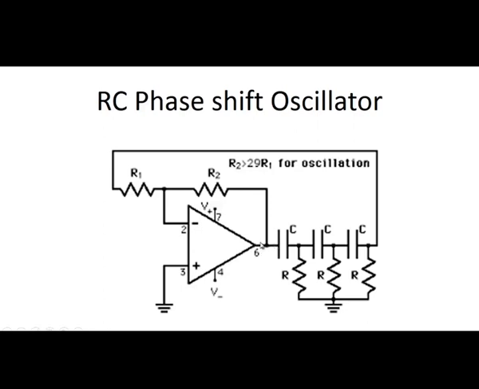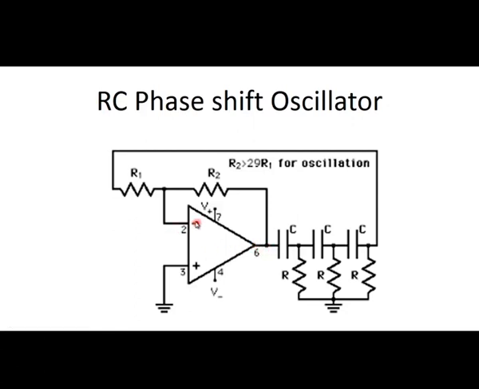It produces 180 degree phase shift, and we know that the oscillator has to satisfy the 2 Barkhausen criteria simultaneously. One is A beta must be greater than or equal to 1. The next condition is the phase shift in the loop A beta must be equal to 0 or 360 degree. So, this inverting amplifier produces 180 degree phase shift at its output.